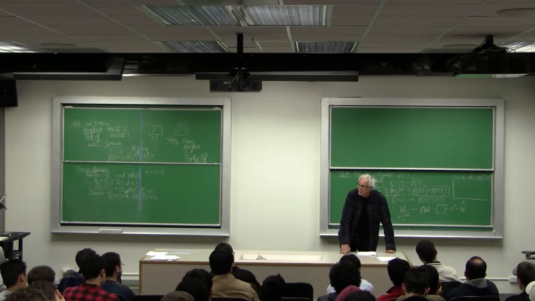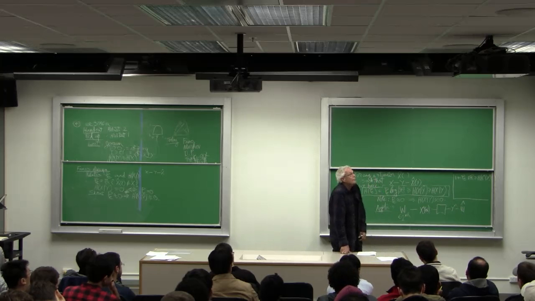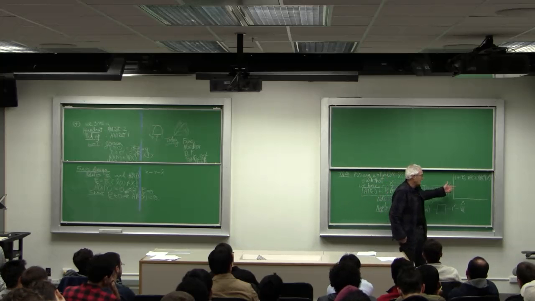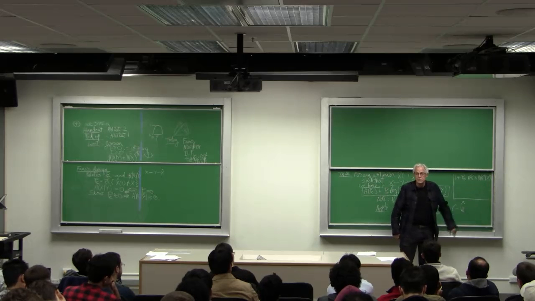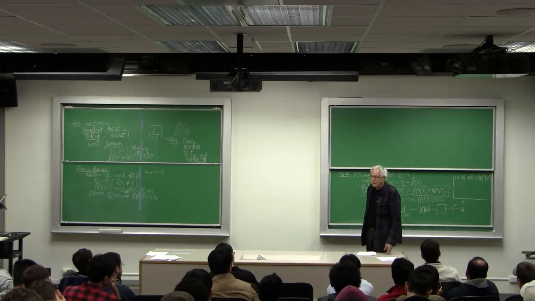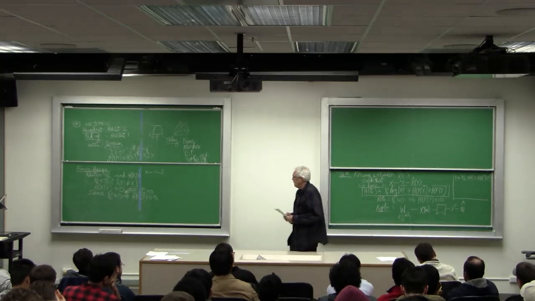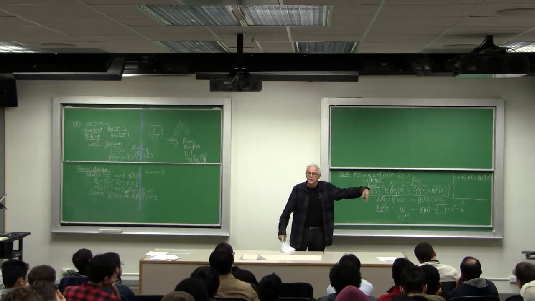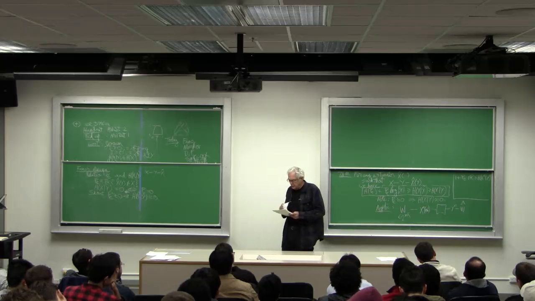And a converse would say if the rate of communication across the channel is greater than channel capacity, then the probability of error blows up. In particular, it goes to 1. But Fano's inequality is a little too weak to show that it goes to 1. It's just bounded away from 0. So that's the application.